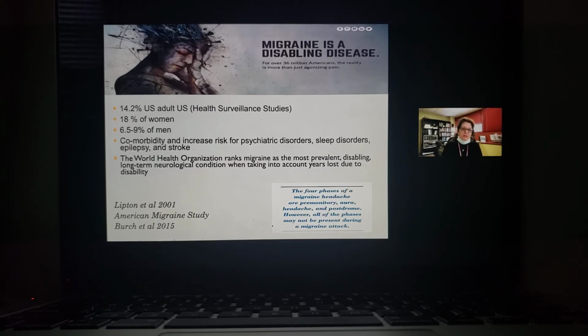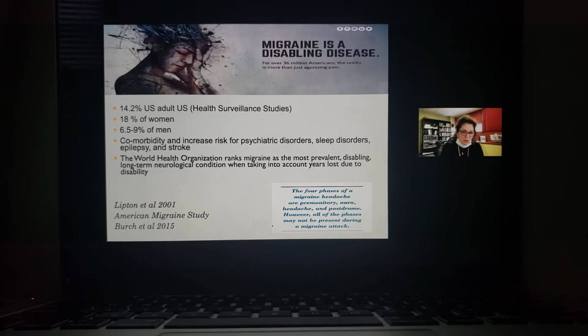Around 15% of the US population, based on surveillance studies, are identified with migraines, being more prevalent in females than in males, as you can read in the numbers. And having migraines is very sad for this group of individuals, because migraines increase the comorbidity for psychiatric disorders, mainly depression, and increase the likelihood of sleep disorders, epilepsy, and stroke.